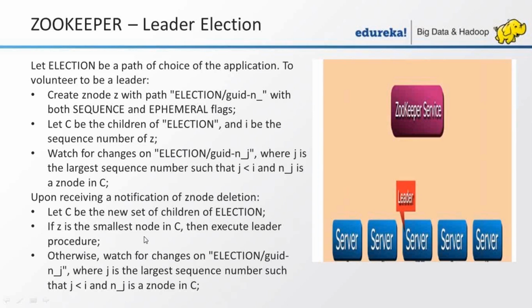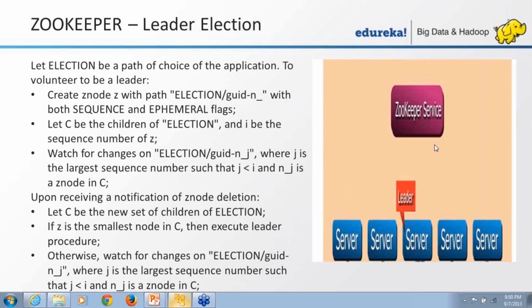So let me ask you this question, Rahul. If a client wants to read an HBase file, how will he know where the file is stored? Let me unmute you, Rahul. Okay, Rahul, I think you do not have a microphone.